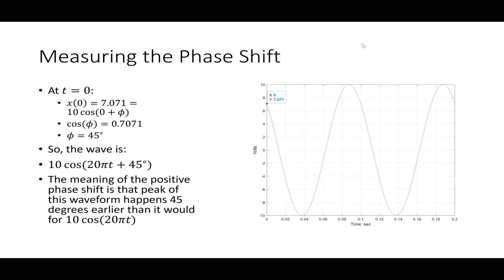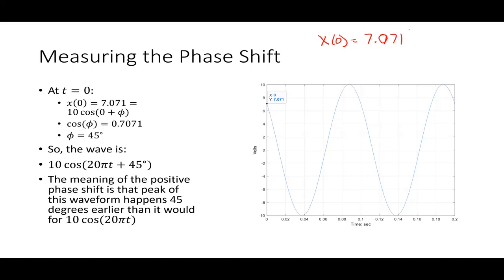What I do is look at this guy at t equal to 0. At t equal to 0, the value is 7.071. So I see that I have x of 0 equal to 7.071.